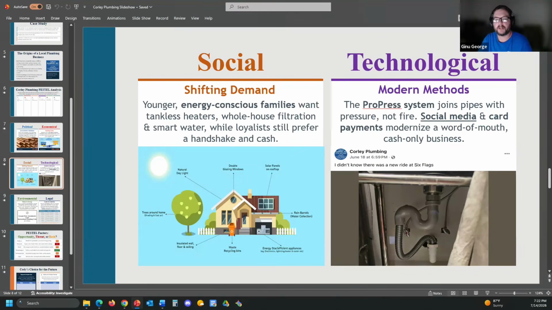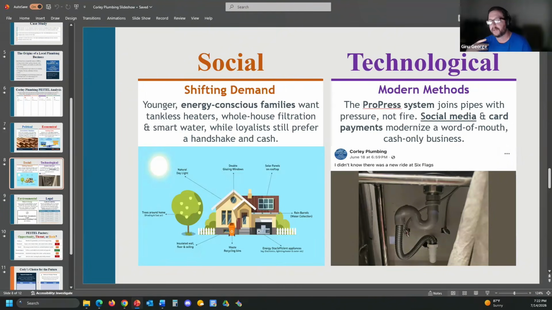Today's younger generation, real energy conscious homeowners, they want tankless water heaters. They want whole house filtration systems. They want smart water monitoring technology. They expect digital scheduling, credit card payments. Can't do it the way that the Corley company did it in the year 2000. Cash money isn't enough anymore. So Cody, the grandson, has to bridge this real cultural divide.